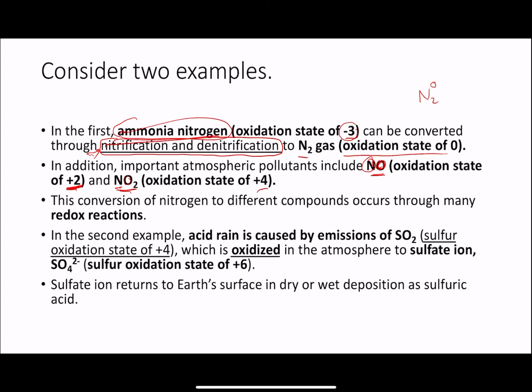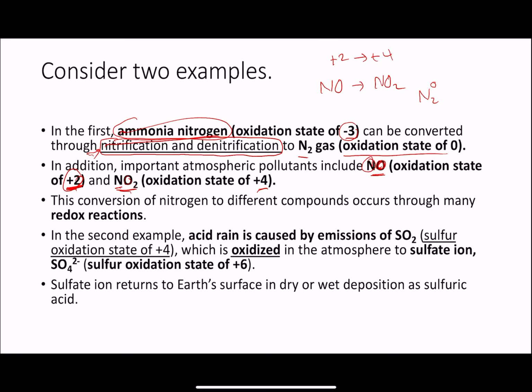The N in NO, which has a plus 2, will be transferred to an N with a plus 4 in NO2. In the NO and NO2 conversion, you can see it went from plus 2 N to plus 4 N.